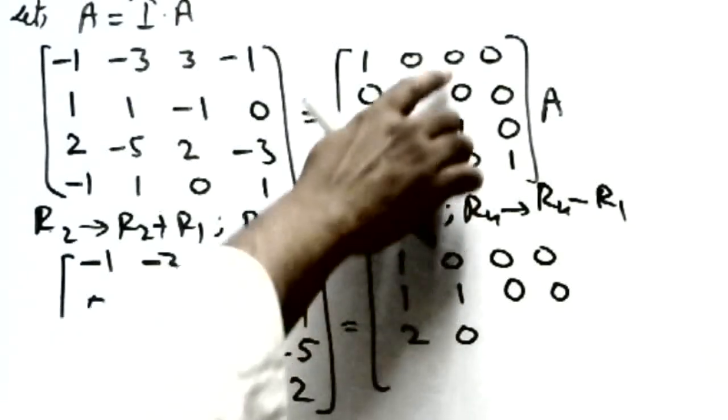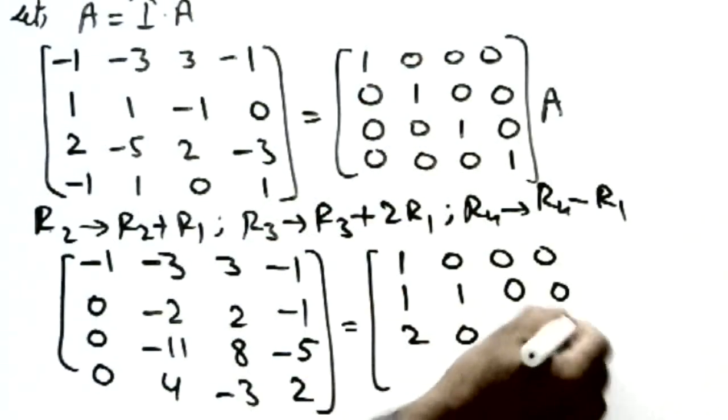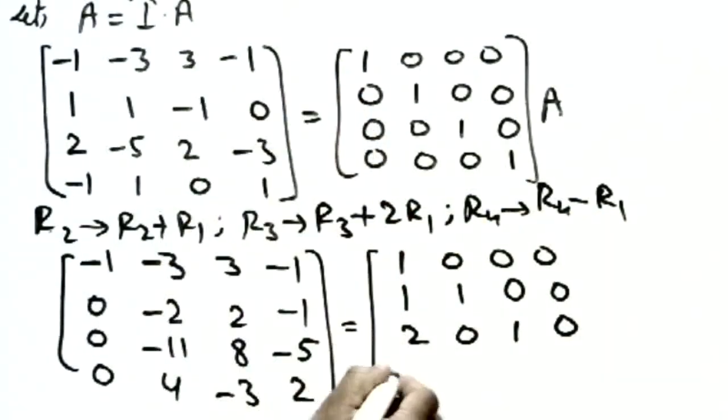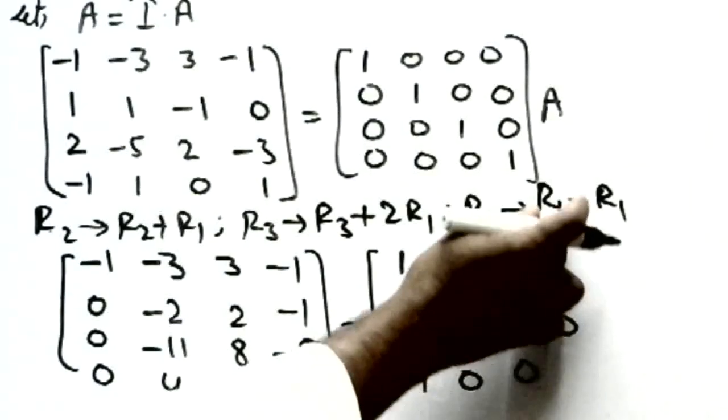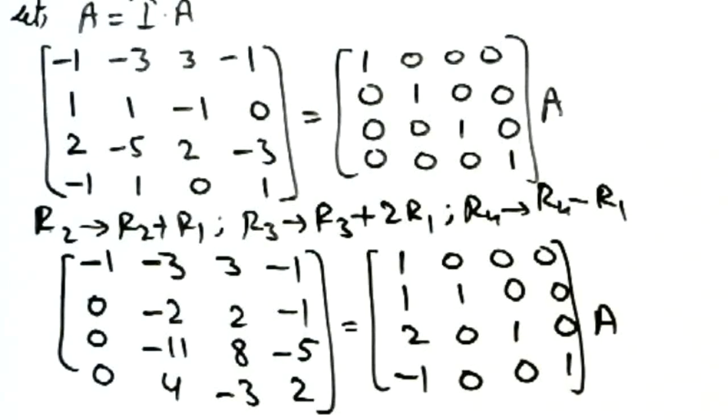R3 implies R3 plus 2R1: 1 plus 2 zeros are 0, 1 plus 0 is 1, so 0 0 will remain 0 only. R4 minus R1: 0 minus 1 will be minus 1, so this will remain 0 0, and 1 minus 0 will be 1 into A. So this is the first step.